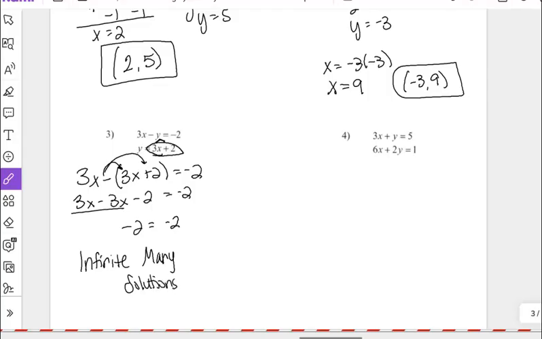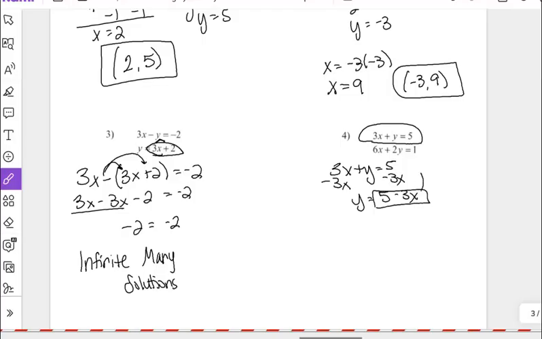And finally, for this one, I need to solve one of these equations for one of the variables. Since y does not have a coefficient, we're going to solve that one for y. So 3x plus y equals 5. Subtract 3x from both sides. So I have y equals 5 minus 3x. Now I'm going to substitute this in for y in the second equation.